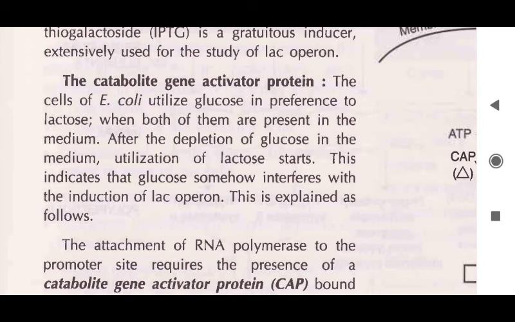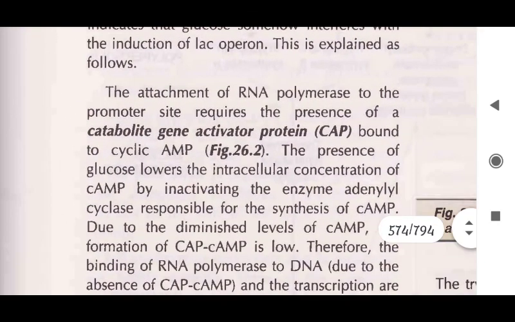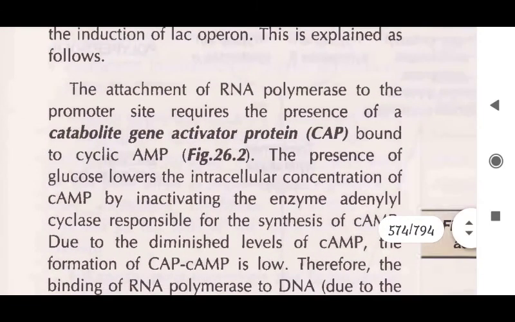So it indicates that glucose somehow interferes with the induction of the lac operon, and this is explained as follows. Attachment of RNA polymerase to the promoter requires a protein, the catabolite activator protein, or catabolite gene activated protein, bound with cyclic AMP.